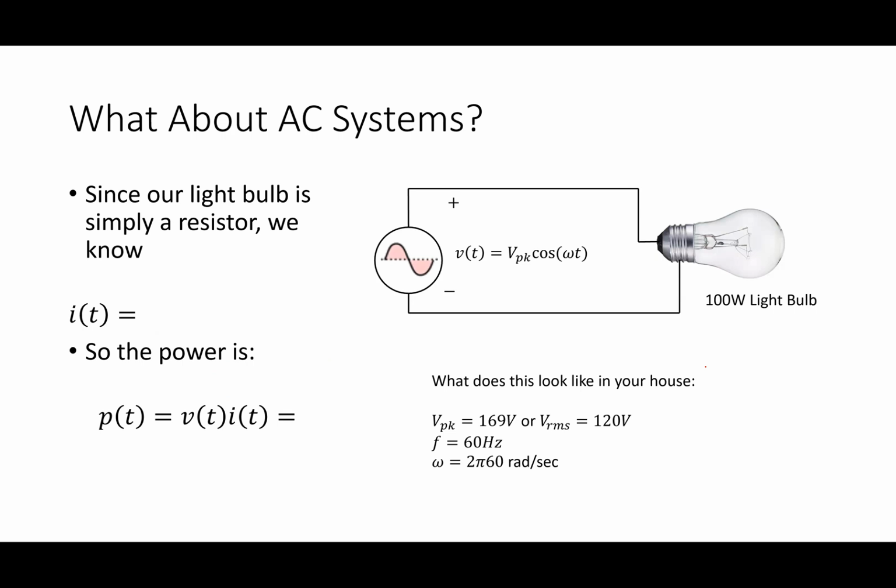Now, if I did this in the context of an AC system, the power is equal to V times I. And if I applied a voltage that was basically V peak cosine omega t, and let's say that omega was such that the frequency was 60 hertz, I of t would end up being, I'm not sure exactly what its amplitude is going to be.